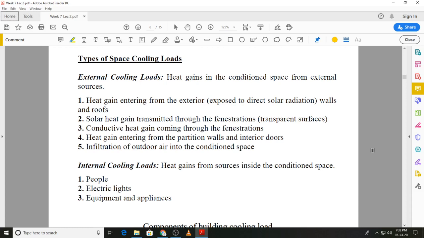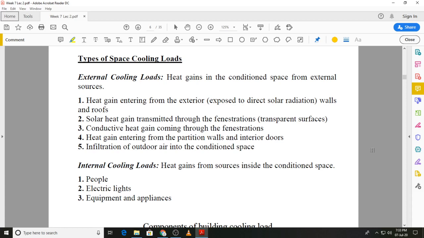There will of course also be conduction through those transparent surfaces. That is, if you have a glass window, that glass has a certain thickness, it has a certain thermal conductivity, and that means there will be conduction across that window pane. So one of the surfaces will be at a different temperature on the outside, that surface on the inside will be at a different temperature, and we can calculate the conductive heat gain as well.